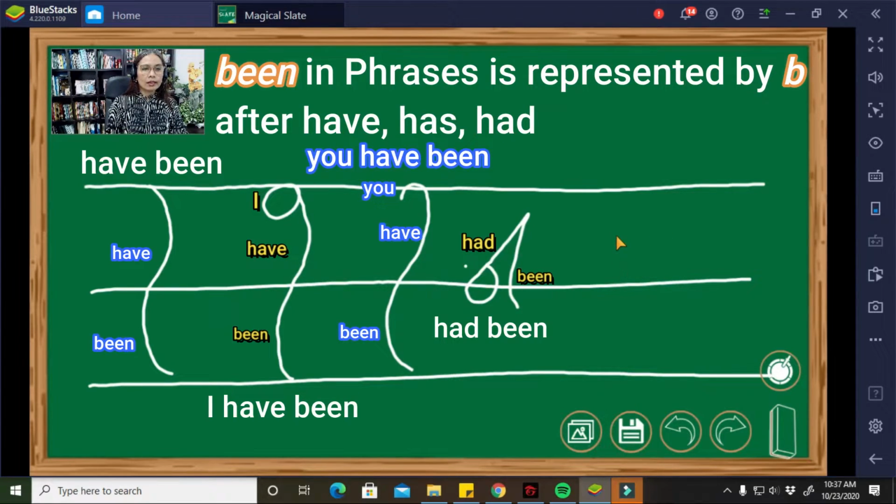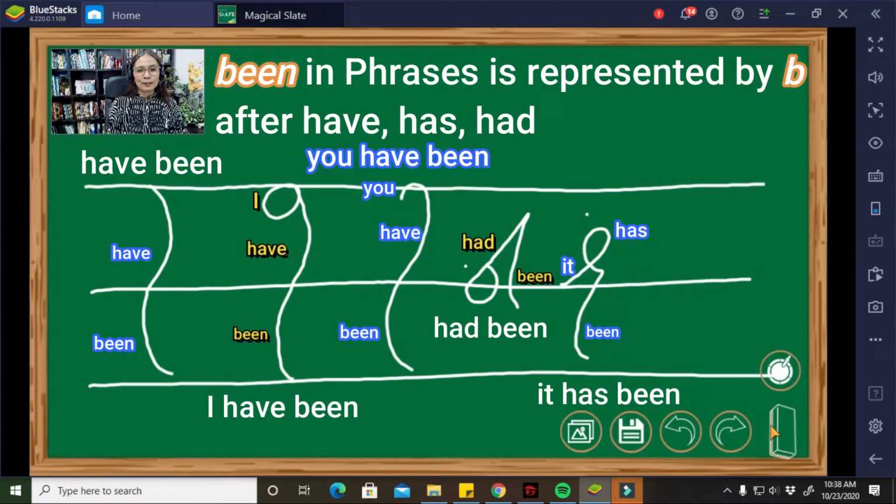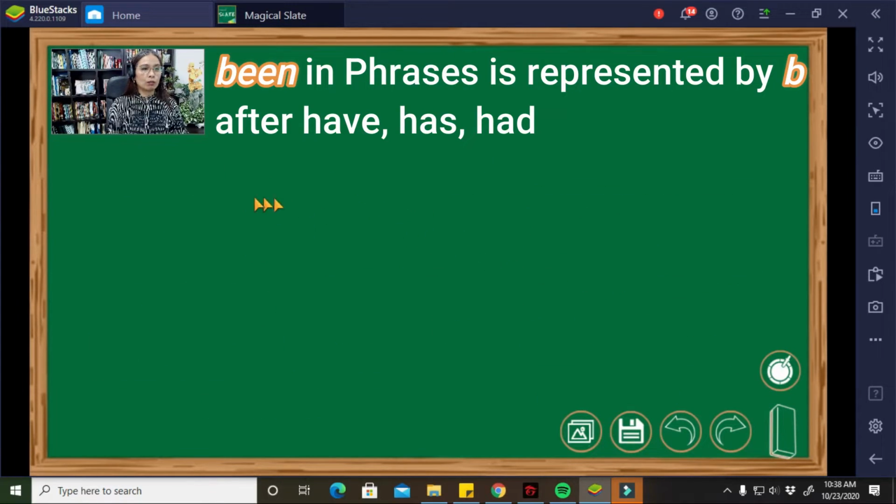Okay. Next example. Okay. So we have here another example. Upward straight line. And then a downward symbol. And let's put a dot here above the vowel. So this is it has been. Okay. So another example. Let's have a line here.